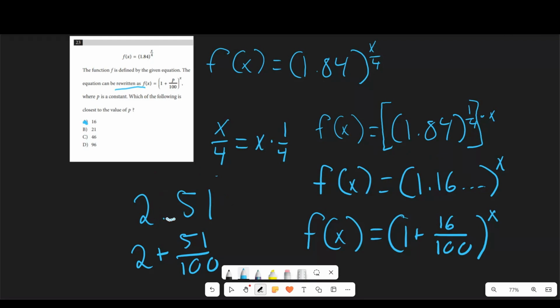So you can write 2.51 as 2 plus 51 over 100, or you could do it with a decimal like 1.1. We have 1 and 1/10, or you can rewrite that as 1 plus 1 over 10. So those are two concepts that would help you figure out this problem.